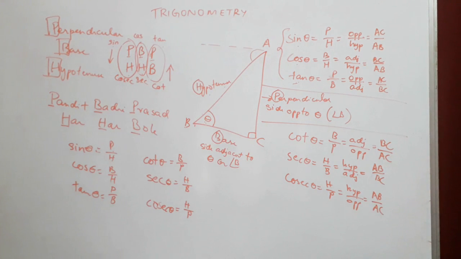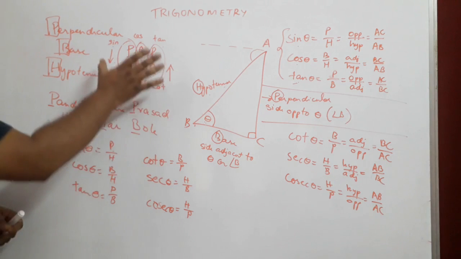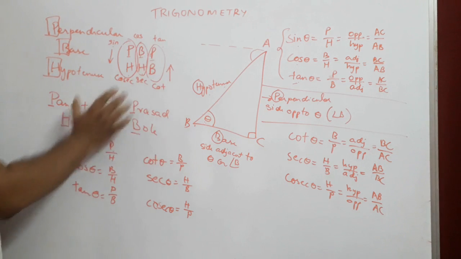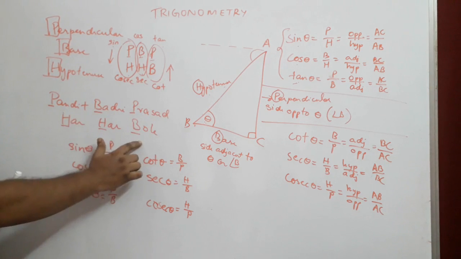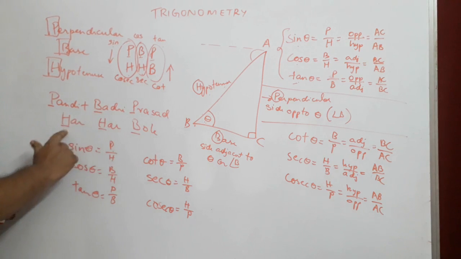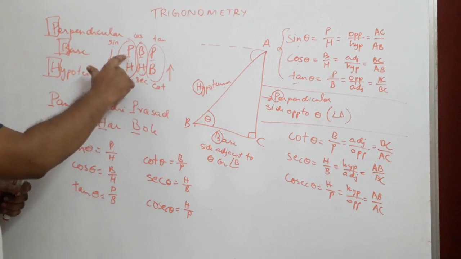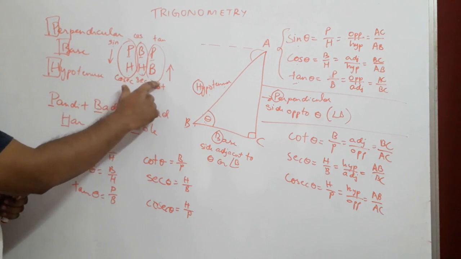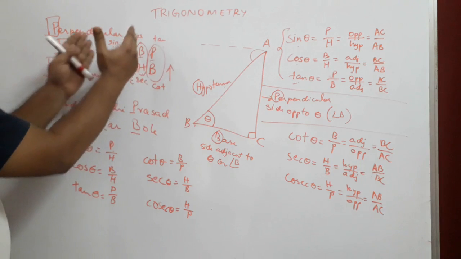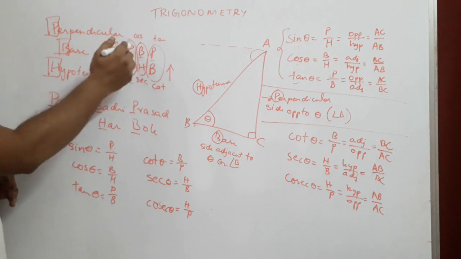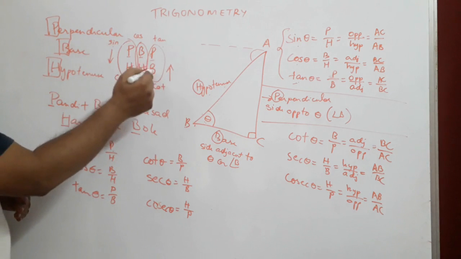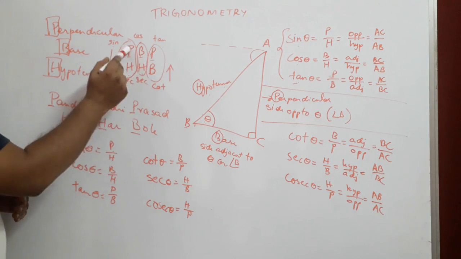So this is how we get our first six and the most important formulas: sine theta, cos theta, tan theta, cot theta, sec theta and cosec theta. And how do we get that? From this person, Pandit Badri Prasad Har Har Bole, P B P H H B. If you write that and take the partners which are in a column together, then we get sine, cos and tan.